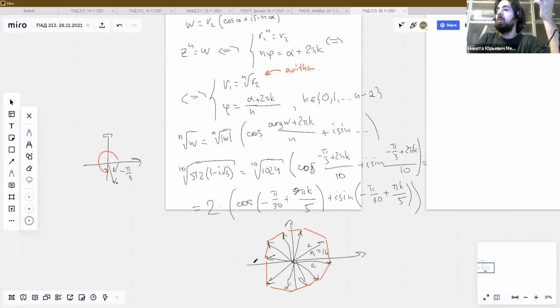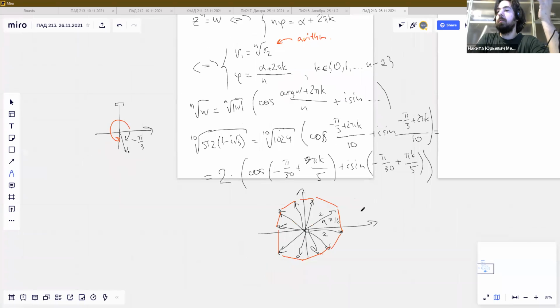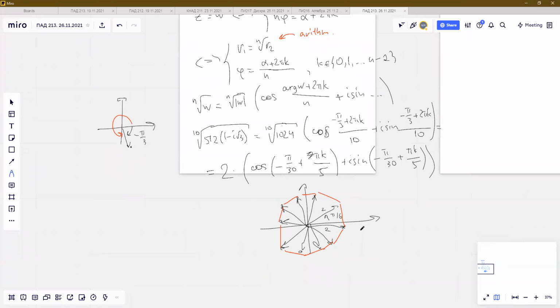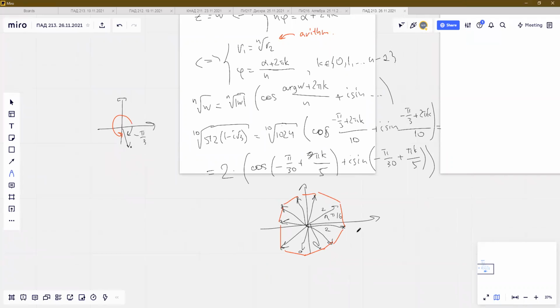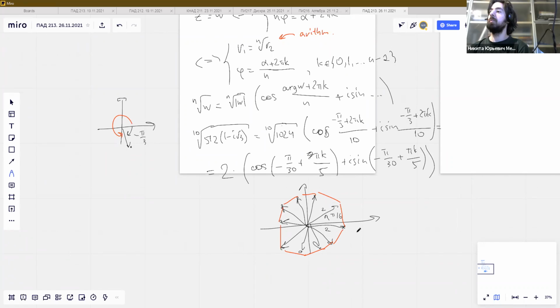What kind of figure is this? A circle? Not really. A circle has infinitely many points, but here we have 10 points. What do they form? How to say it?